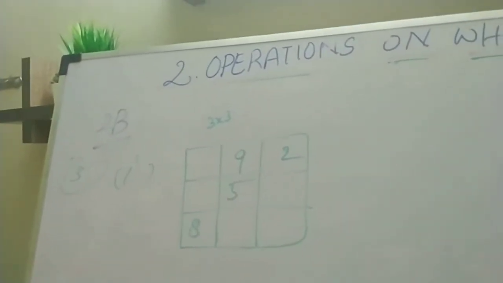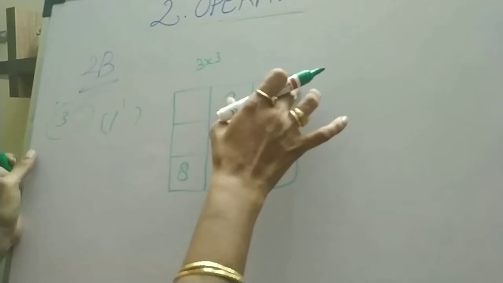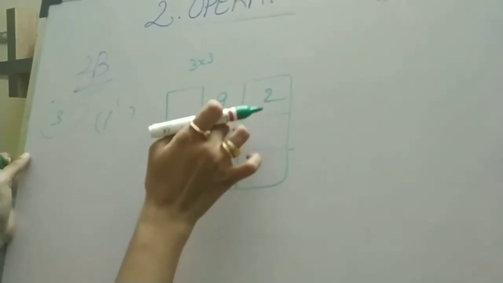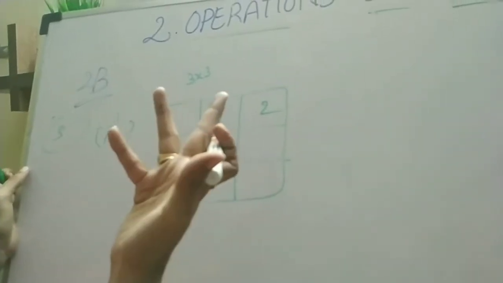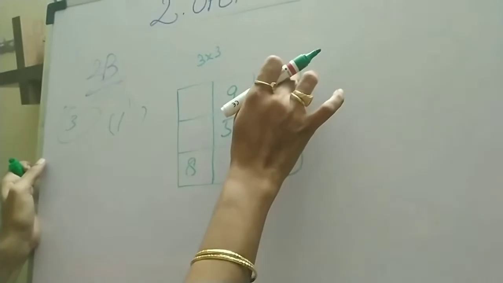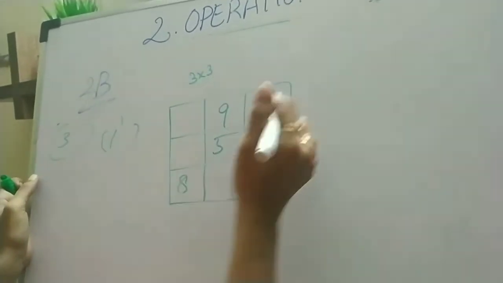Observe here, 9, 2, and so on, any 3 numbers given. If you observe this diagonal part, we know 3 numbers here. In the other lines we know only 2 numbers, and we can't do anything with those. But we can start with 3 numbers, that is diagonally.